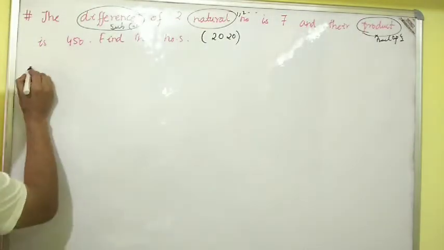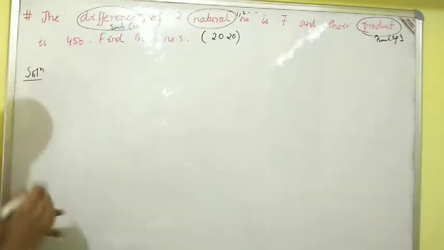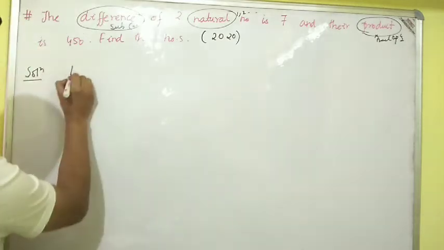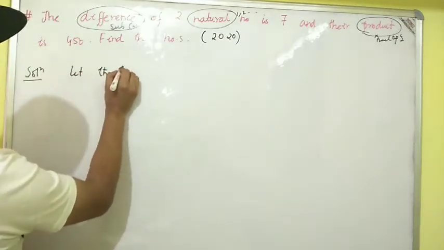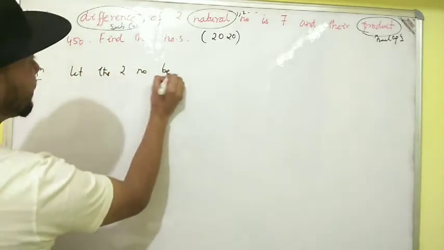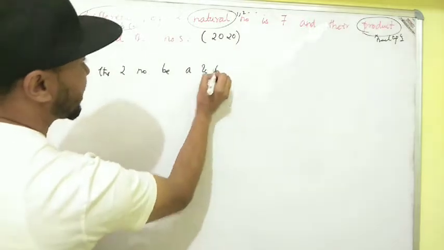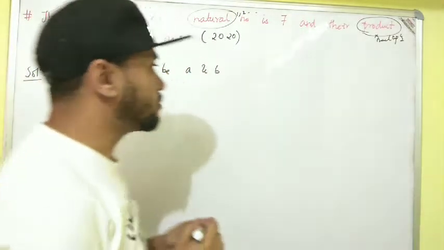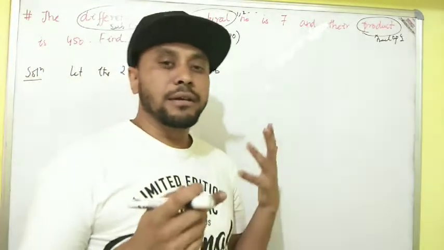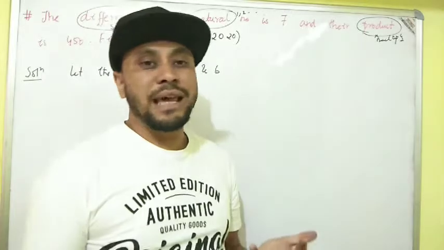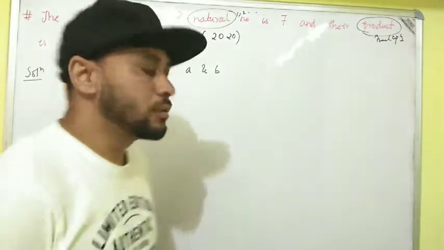First let us assume, since we are finding two natural numbers, let the two numbers be A and B. You can write X and Y also, it's up to you. Some people will take S and P or M and N, it's up to you.